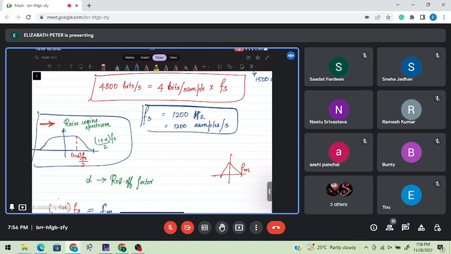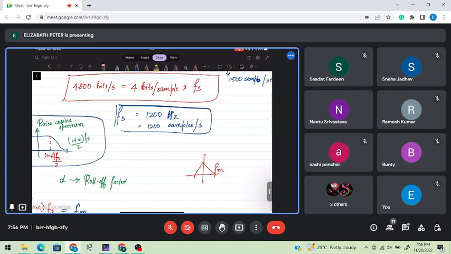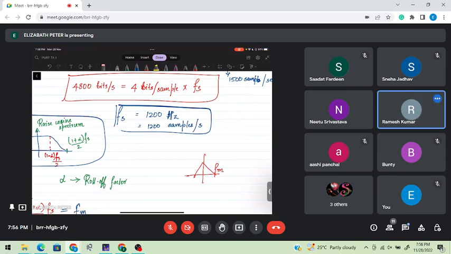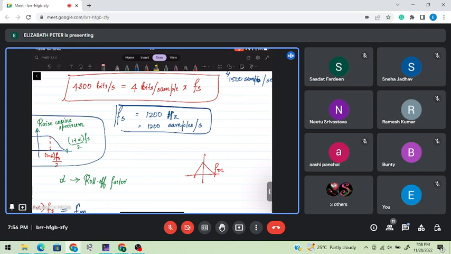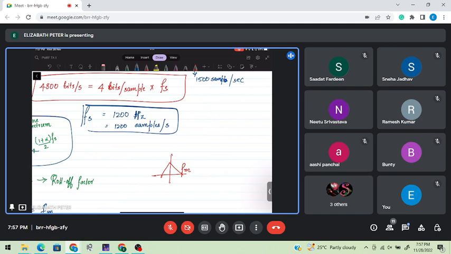You can create many pulses that satisfy the zero ISI condition, but the simplest is the one with minimum bandwidth. But there are some disadvantages with sinc: the decay is very slow, and it's hard to realize.